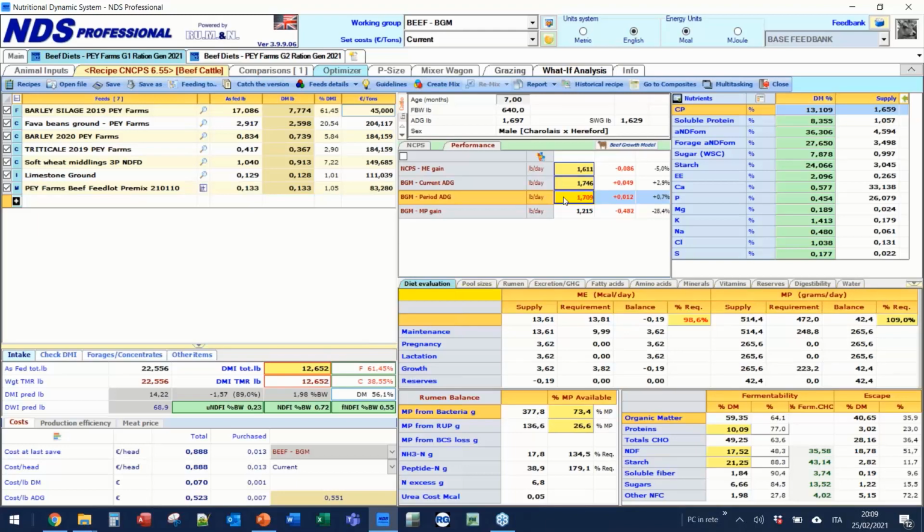Why did we decide to give this second option?